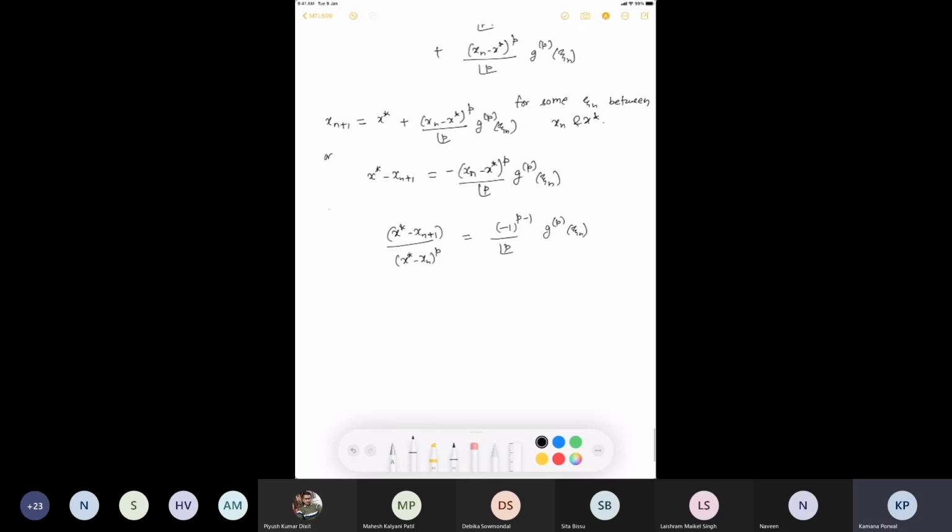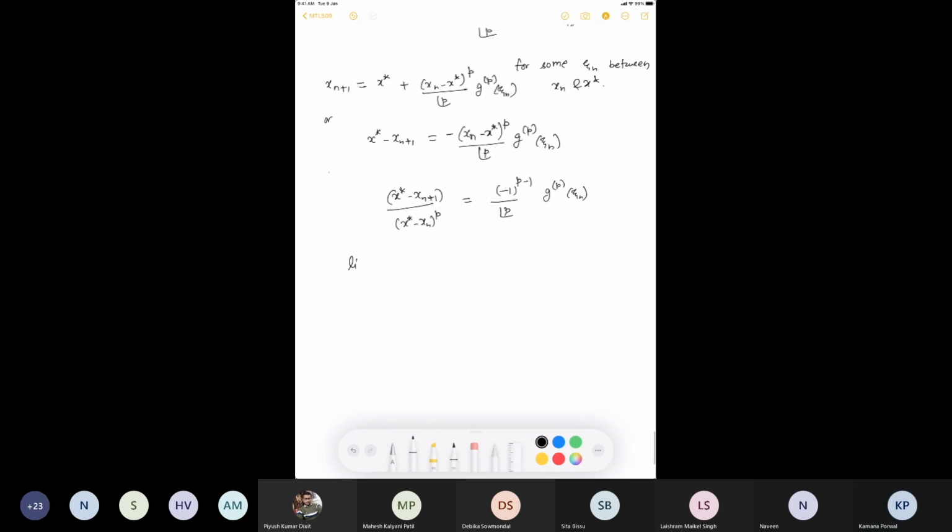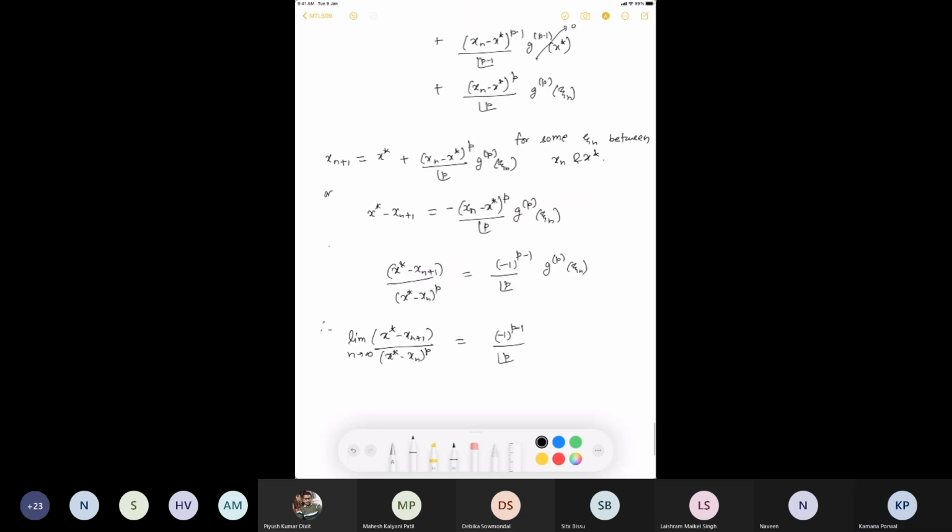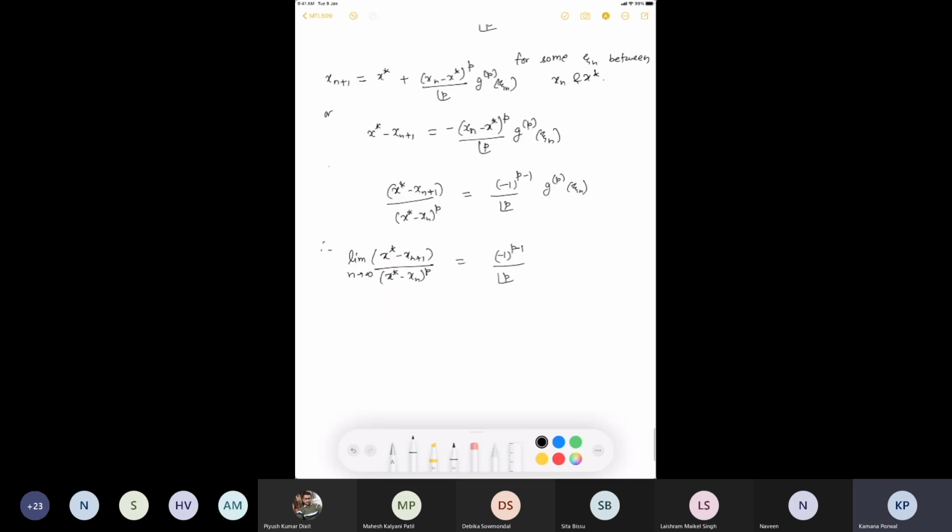Okay, now you just have to take the limits on both sides. Since xi n is lying between xn and x star, and xn is converging to x star, xi n is also converging to x star. So g p of xi n will converge to g p of x star.